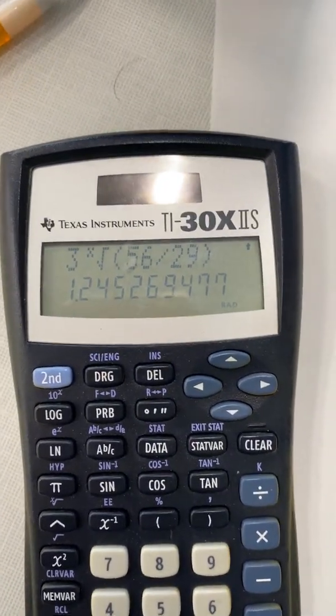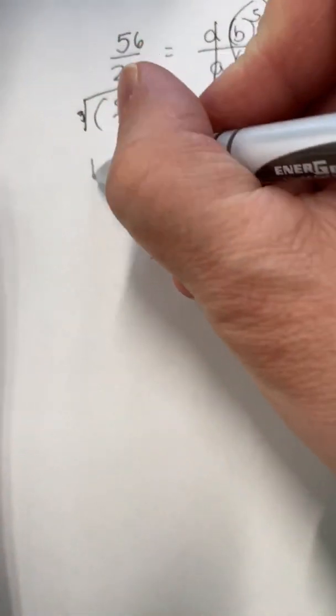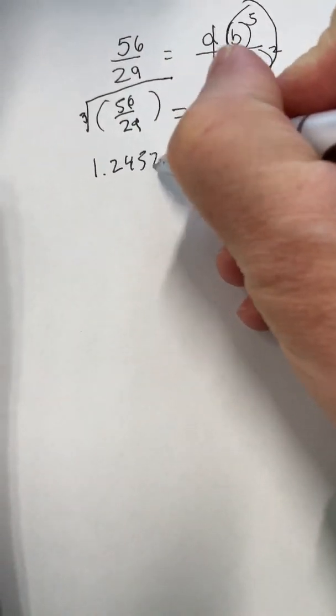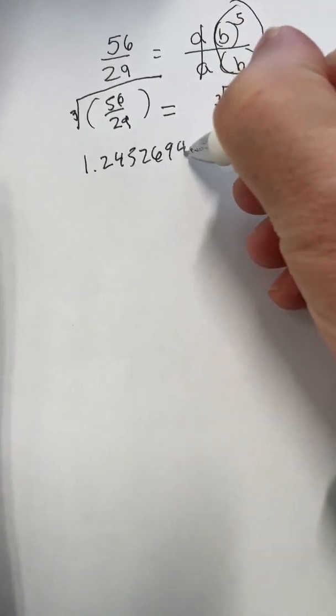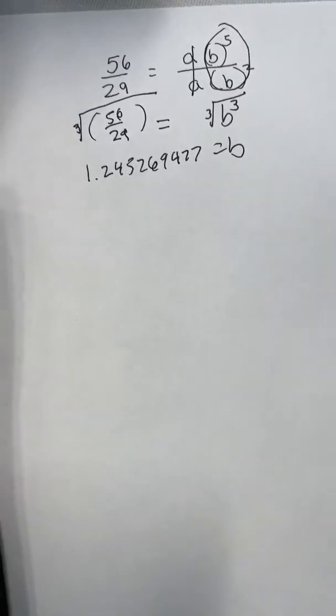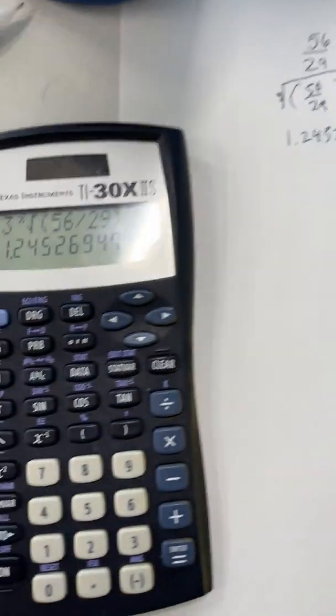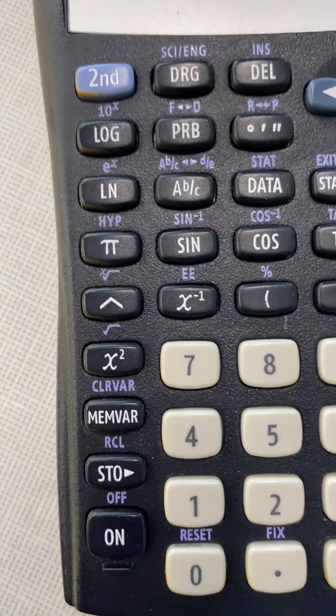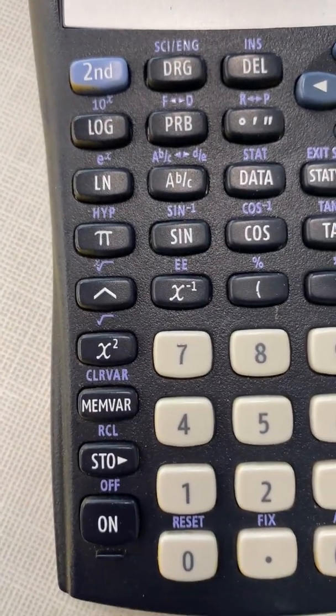Now, option 1 is to write that whole number down. So I come over and I do 1.245269477 equals b. Now, that's fine if you want to write it down, but your calculator has this little memory feature or storing feature.